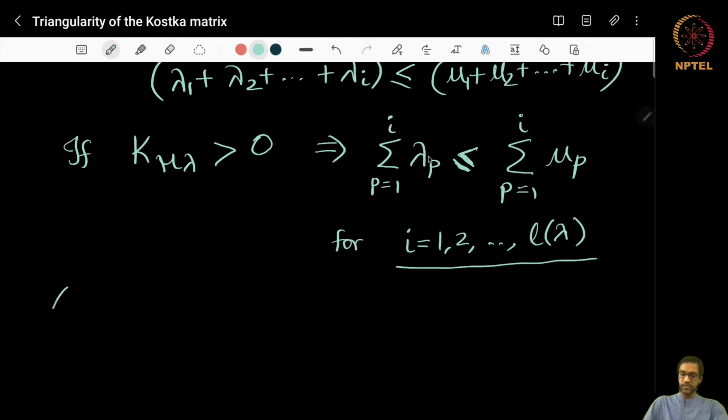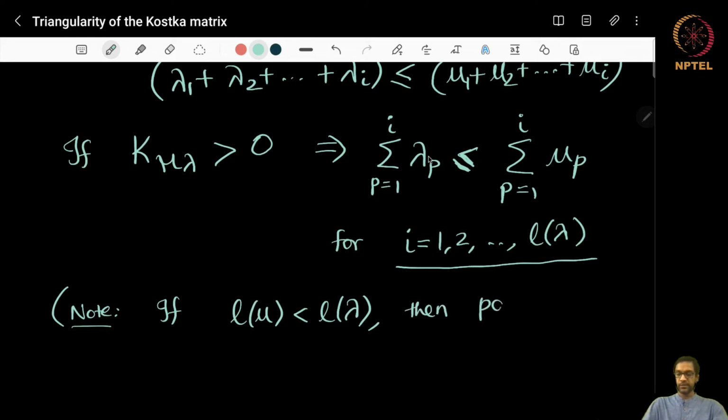So let me just say for now, note: for this to make sense, if the length of mu is less than the length of lambda, then pad mu with zeros so that the lengths are the same.